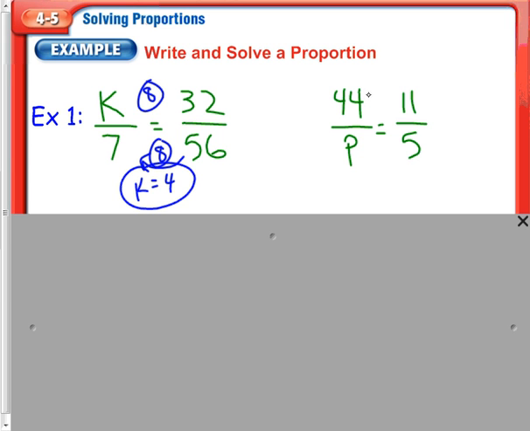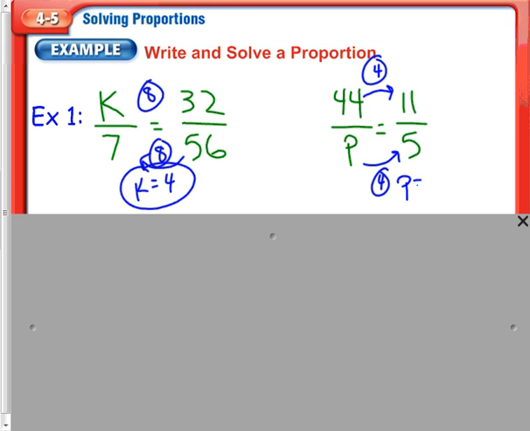Again, we can look at it this way, going from 44 to 11, I know that I have a factor of 4 happening here. Okay, 44 divided by 4 is 11. So to go from here to here, I know that I'm going to have a factor of 4. I just need to figure out what number. This number over here was bigger, so it's going to be bigger here. So I know that 20 divided by 4 is 5.